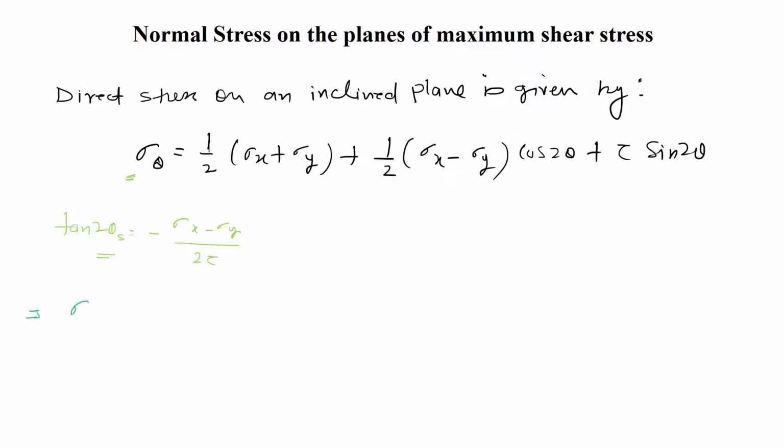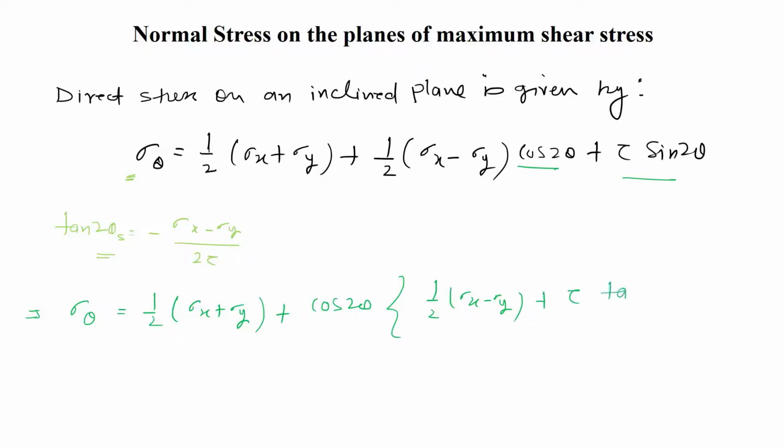Now sigma theta is equal to 1/2 (sigma x plus sigma y) plus, if we take cos 2 theta common, 1/2 (sigma x minus sigma y) plus tau tan 2 theta. If we put the value of theta from this formula, because this is the location of the maximum shear stress plane, we will get the direct stress on that particular plane.